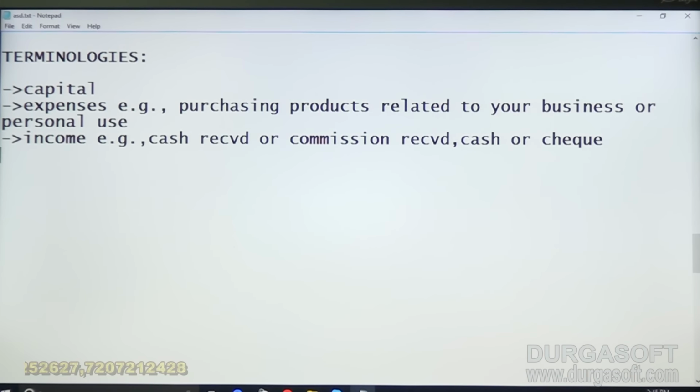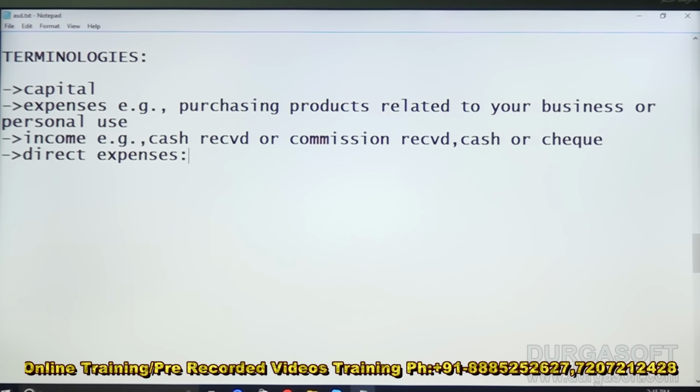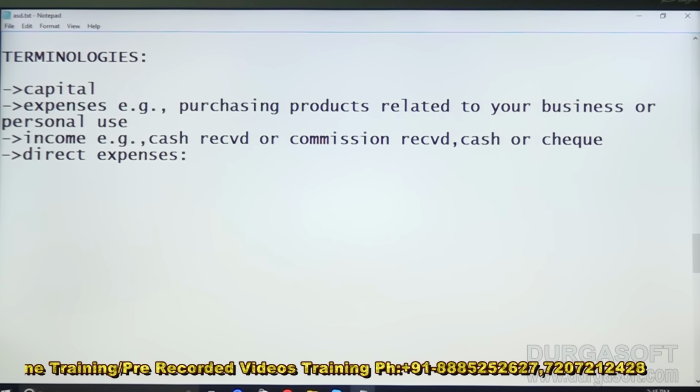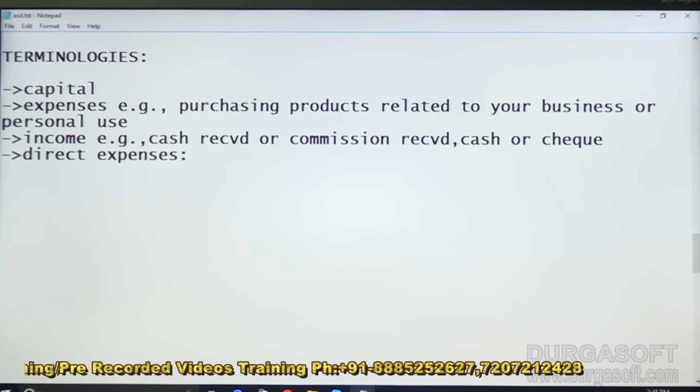And here, direct expenses. In expenses and income we also have different types. First we can see direct expenses. Direct expenses means, as per your manufacturing, if you are working on a manufacturing basis, the materials you require, and total trading related.